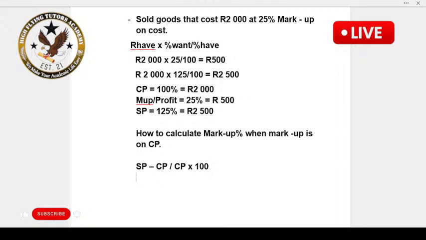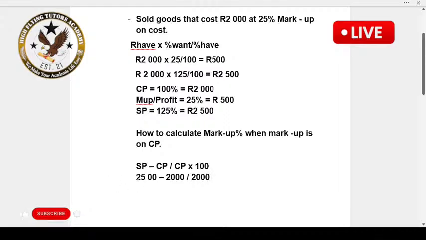So let's say, for example, we want to calculate this 25%, right? We must be given the selling price. So the selling price there is 2,500 minus our cost price, which is 2,000, and then you divide by 2,000, right?